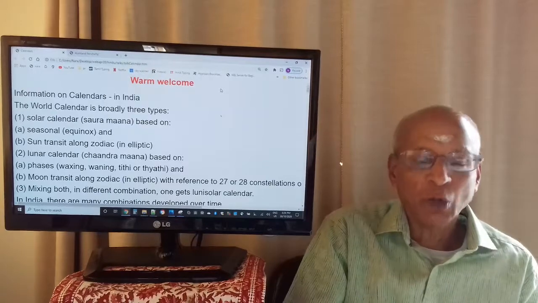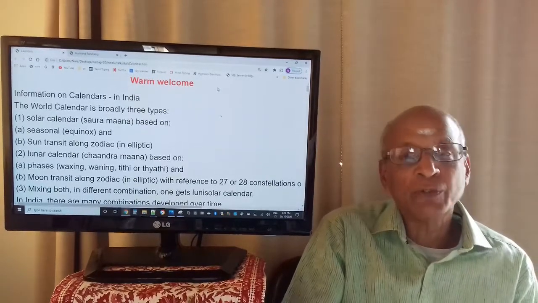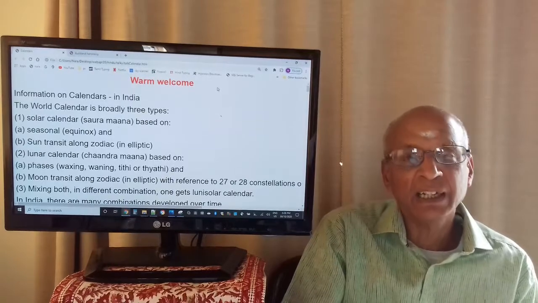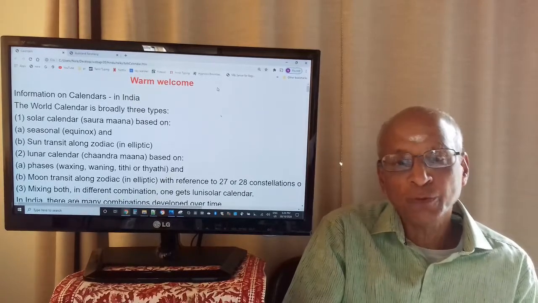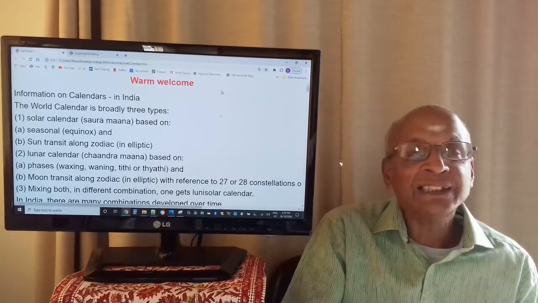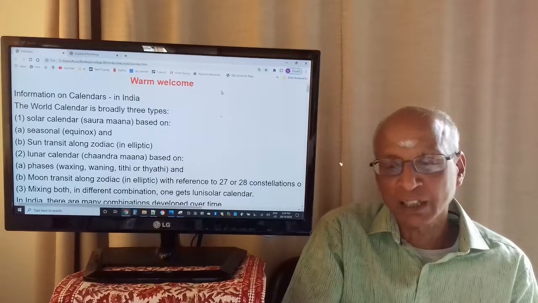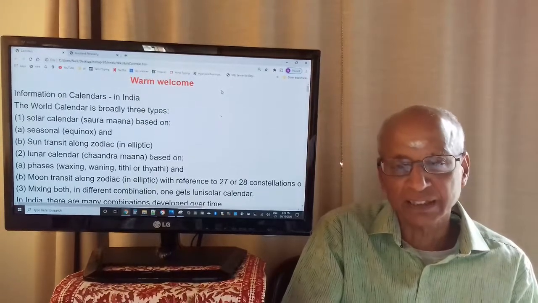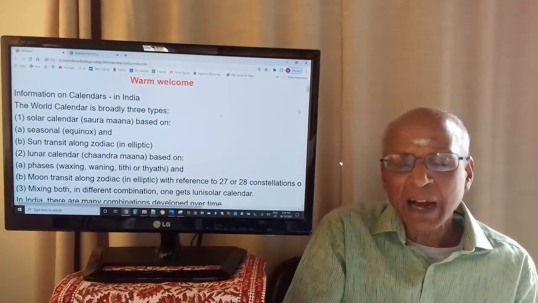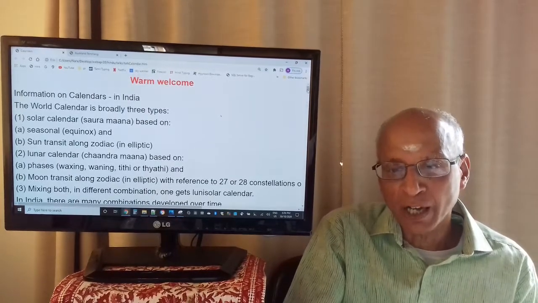This is Sauramana, solar. Lunar, basically we look at phases, waxing, waning, which we call new moon day, full moon day. And the moon transits along the zodiac, in the same way, along the 28 stars or constellations, 27 stars. In practical use, we use both lunar and solar.